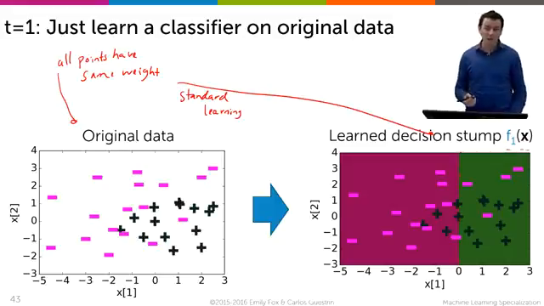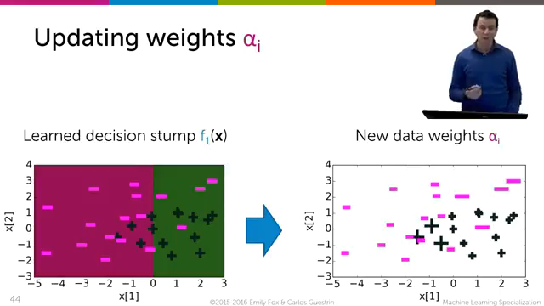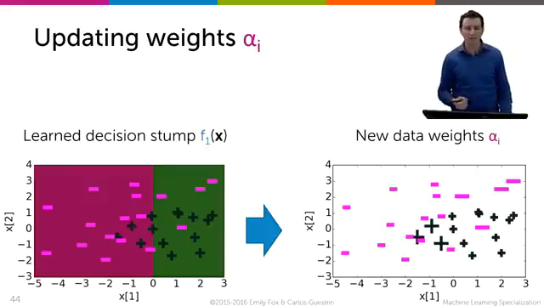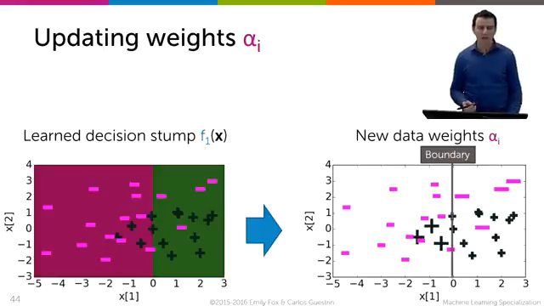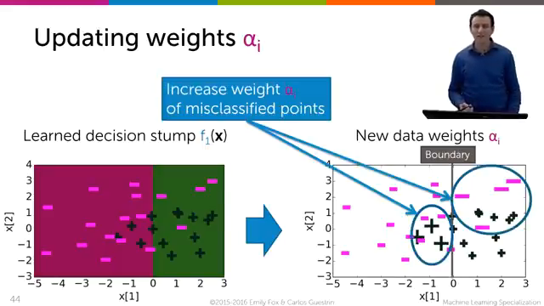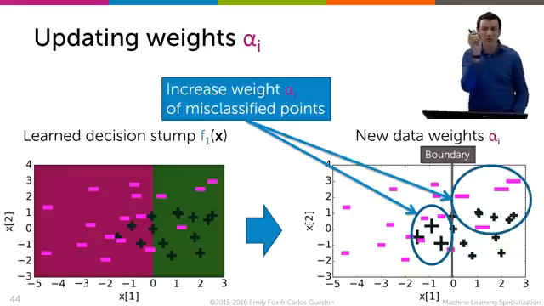Now, to learn the second decision stump F2, we have to reweigh our data based on how well F1 did. So we're going to look at our decision boundary, and we're going to weigh data points that were mistakes higher. And here in the picture, I'm denoting them by bigger minus signs and plus signs.